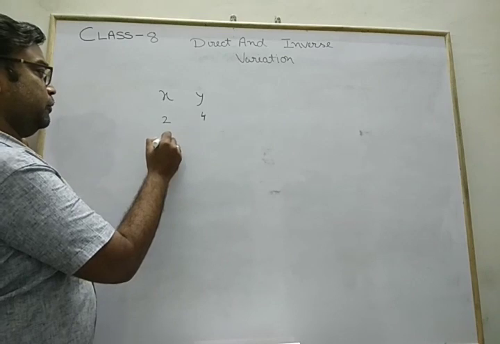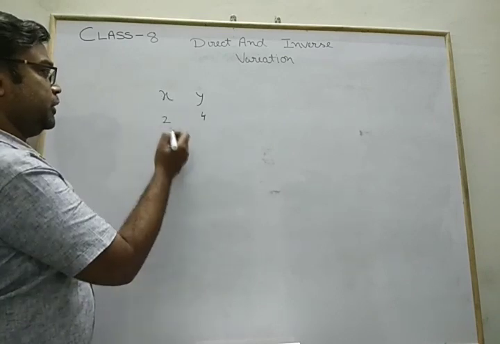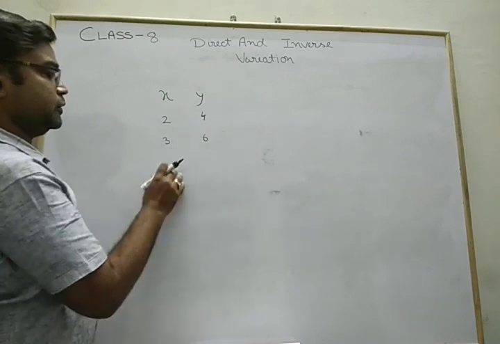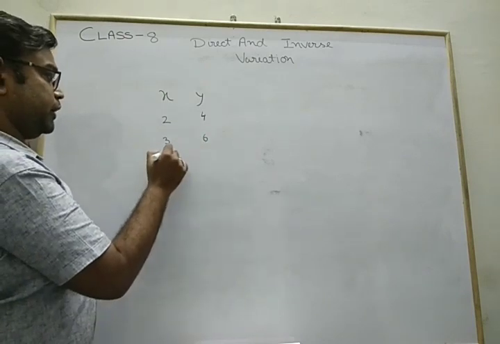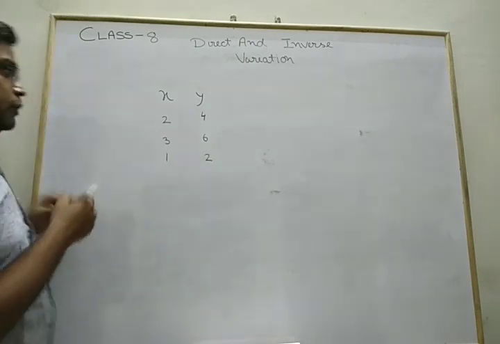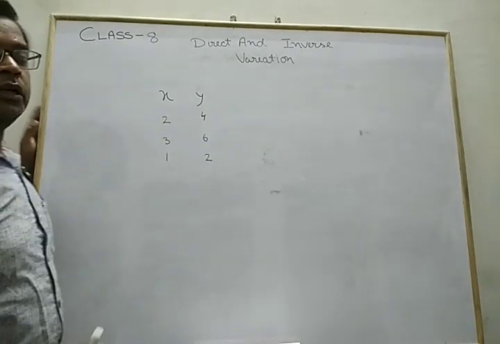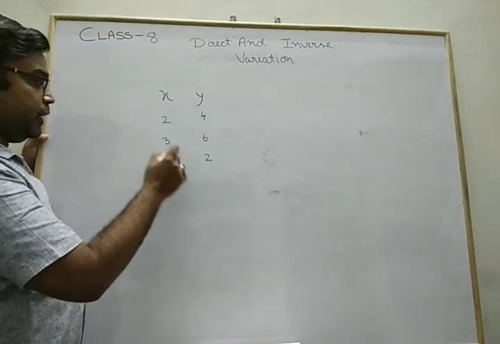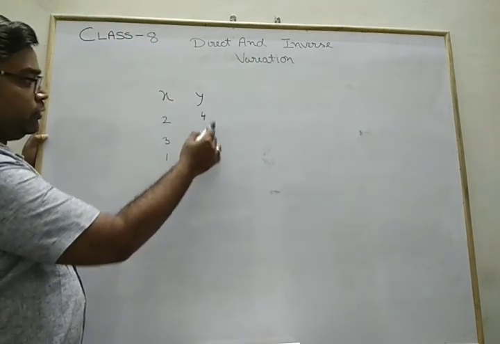If x is 3, then y is 6. If x is 1, then y is 2. So from this observation, we conclude that as x increases, y also increases.